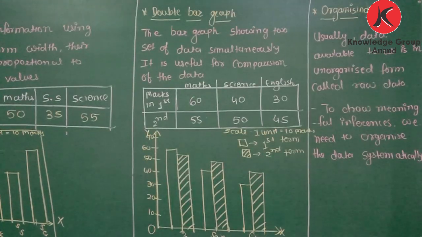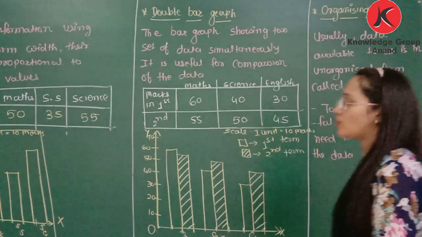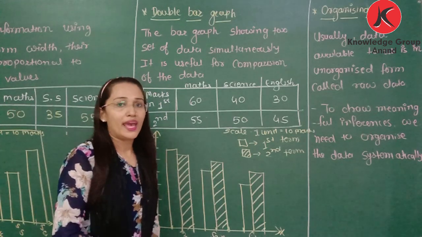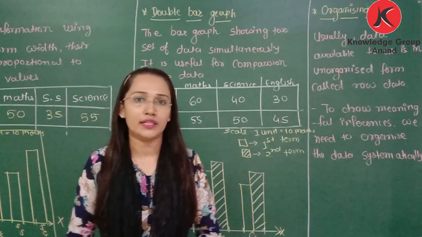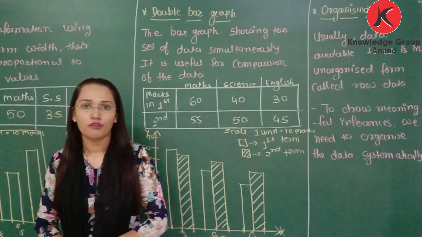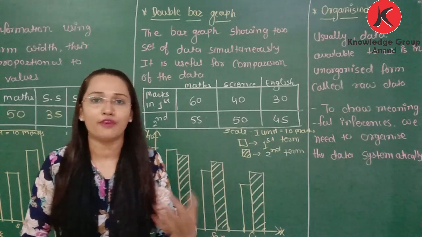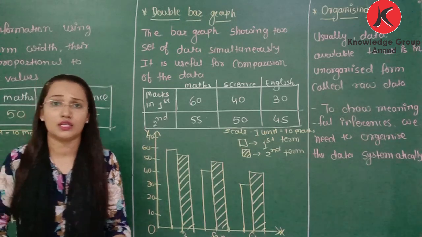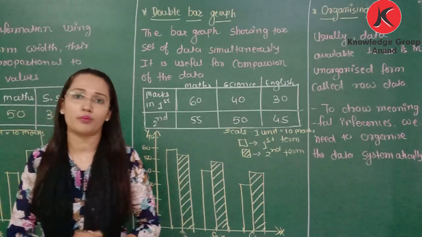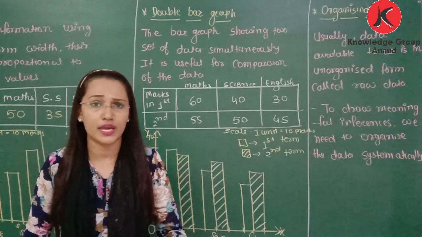Now, organizing data. Usually data is available to us in an unorganized form called raw data. Every time we collect data, it may not be in a useful form. If I give you numbers like 5, 10, 15, 16, 18, 19, then you do not gather any information from this data.